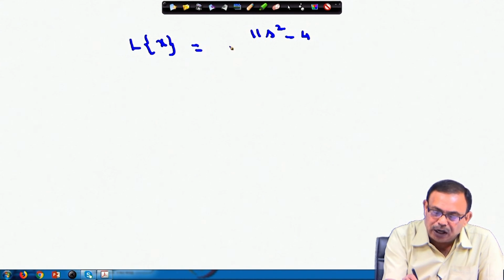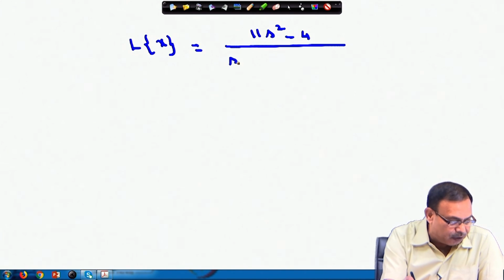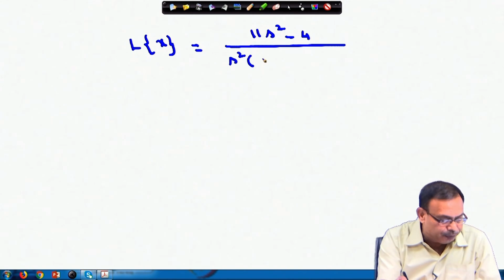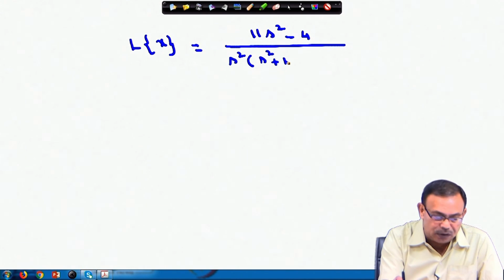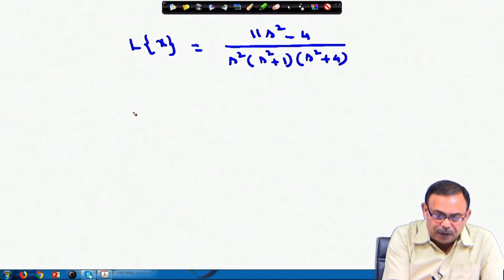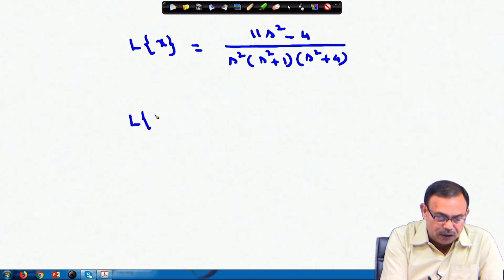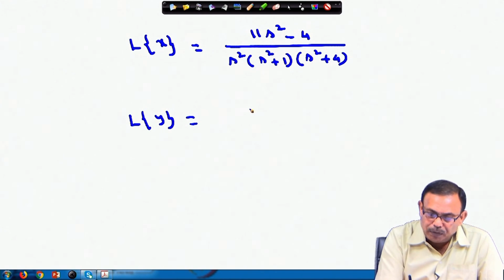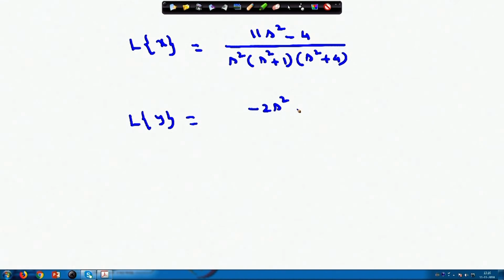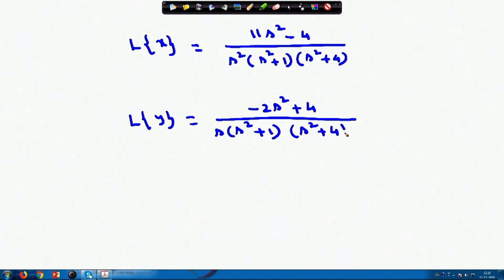I am writing directly, please check it afterwards. s square into s square plus 1 into s square plus 4, and Laplace transform of y, this you will get as minus twice s square plus 4 by s into s square plus 1 into s square plus 4.